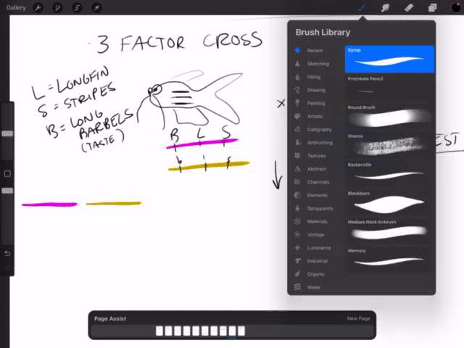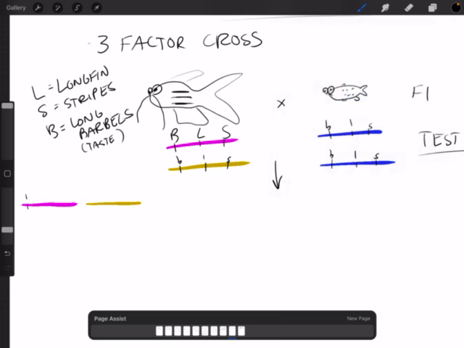So we can have the dominant B, the dominant L, and the dominant S together, or the recessive B, the recessive L, and the recessive S. These are our parentals, and they will be the most common. Remember, recombination is relatively rare, so most of the time you see these specific chromosomes. We'll go ahead and count their progeny in the F2. We have 411 here, and let's say we have 412 of this one.